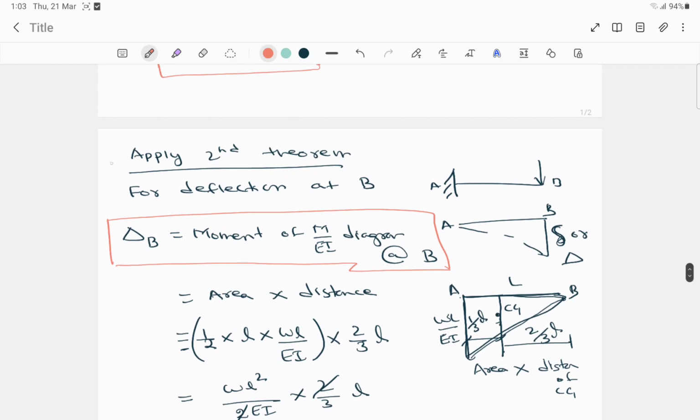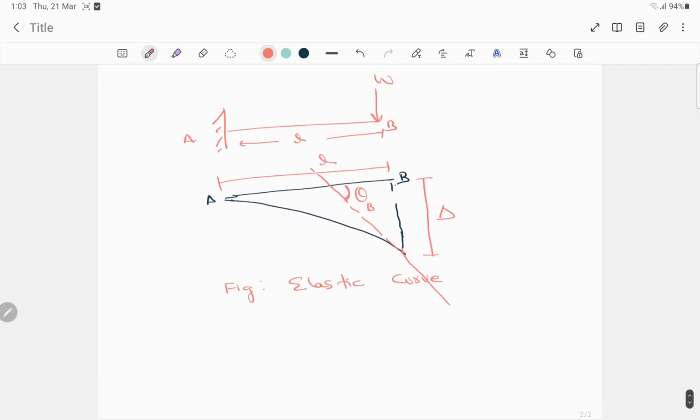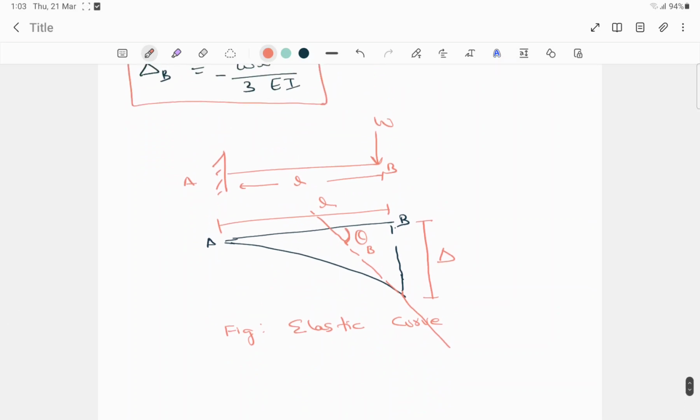After finding both, we have to draw the elastic curve diagram. So this is our elastic curve diagram, where this is the deflection of the beam, and this is the slope at point B. Okay, thank you.